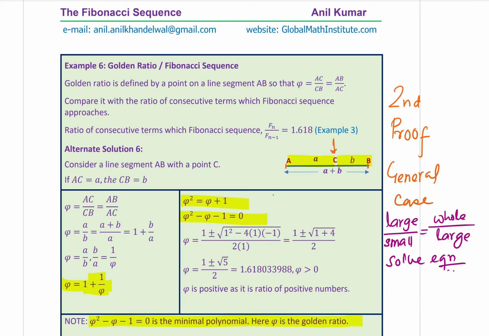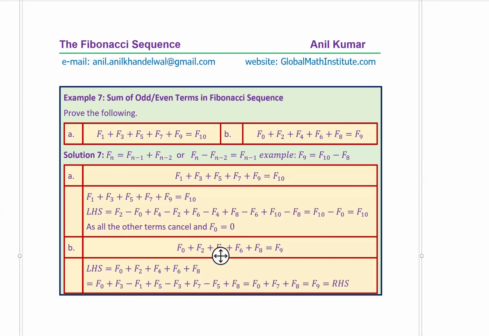So again, use the quadratic formula, and when you get 1 plus square root of 5 over 2, taking the positive value, we directly get our answer 1.618, right? So that is the golden ratio, which is exactly the same as the number approached by the Fibonacci sequence, correct? Now, let's take some more very interesting questions, algebraic methods to work with the Fibonacci sequence.